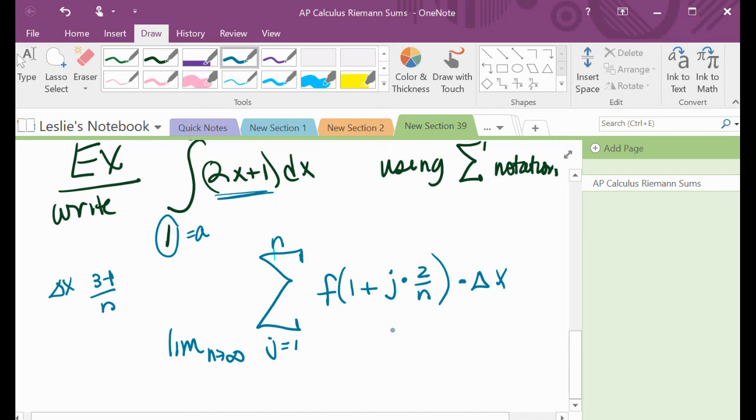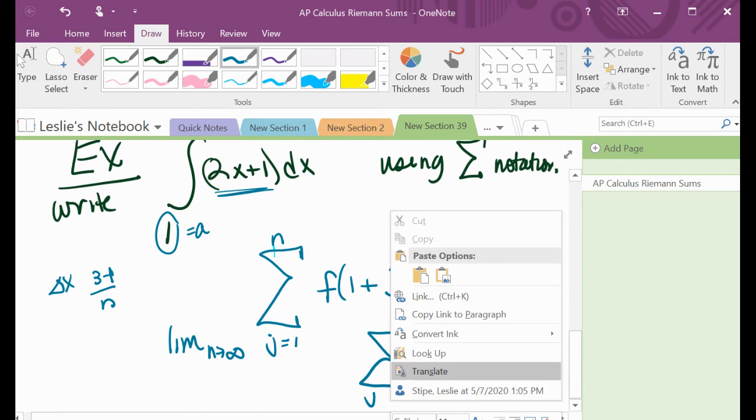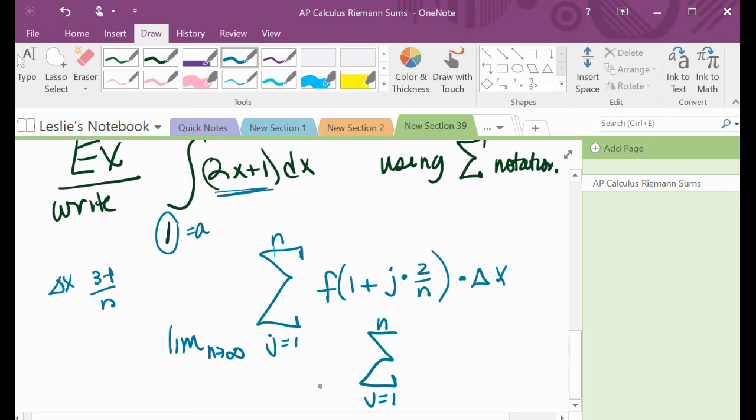So rewriting this over again, j equals 1 to n, the limit as n goes to infinity. So we're going to have 2, and then here's 1 plus 2j over n. That's putting this in for x, right? Plus 1.